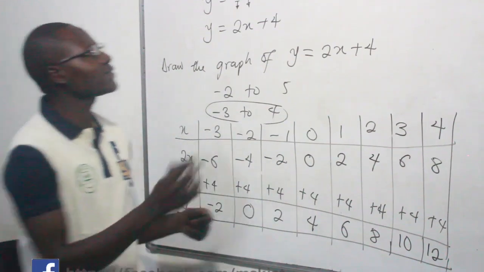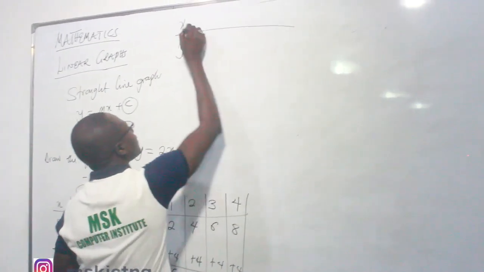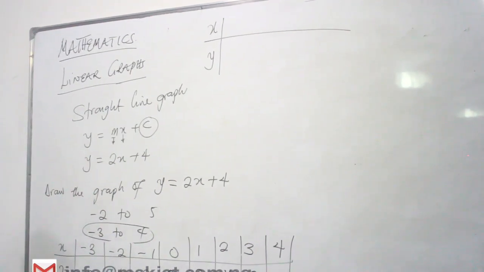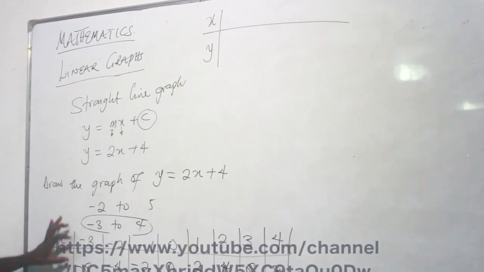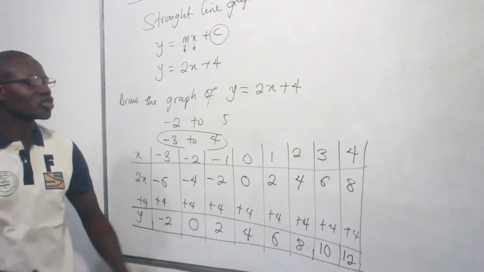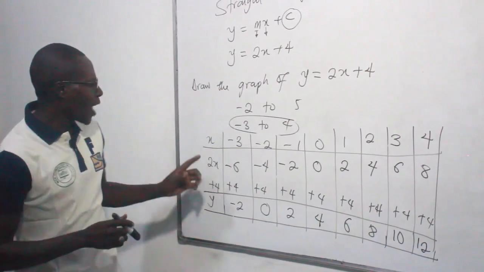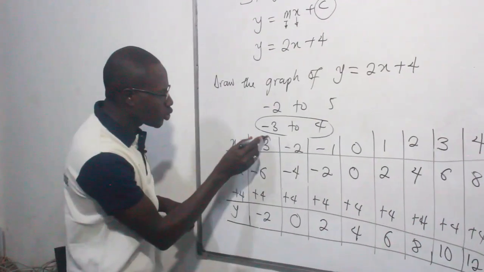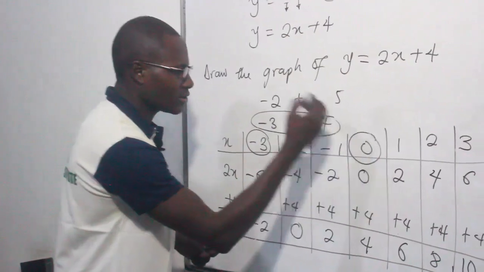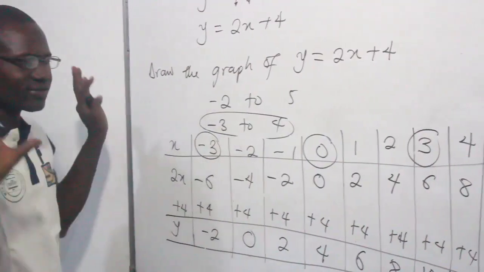Now let us summarize the table with the x and y values only. Since we want to plot the graph, you are not expected to take all the values, because this is a linear graph, a straight line graph. Just select some values and use them to plot the graph. Let me select -3, 0, and 3. So I select 3 values.